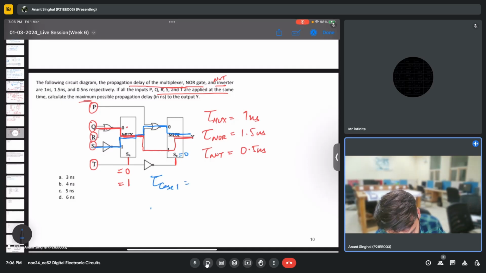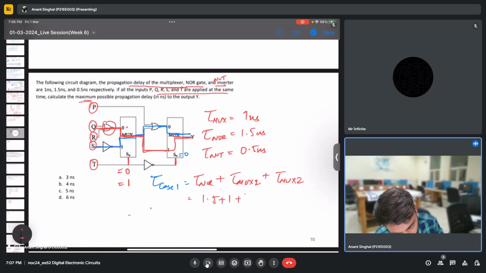the delay, I'm writing it in red ink for case 1. We encounter a NOT gate, then mux 1, then there is no delay, and finally mux 2. That gives 1.5 plus 1 plus 1, that is 3.5 nanoseconds.